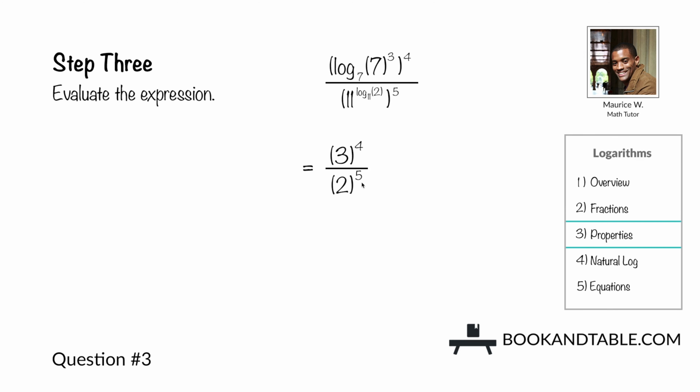So once we simplify the logarithmic terms in the numerator and the denominator, we can now evaluate this fraction. In the numerator, we have 3 raised to the power of 4, which is equal to 81. And in the denominator, we have 2 raised to the power of 5, which is 32. So we find that the answer to question number 3 is 81 divided by 32.